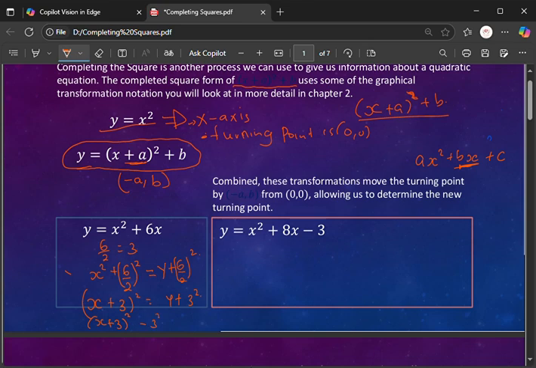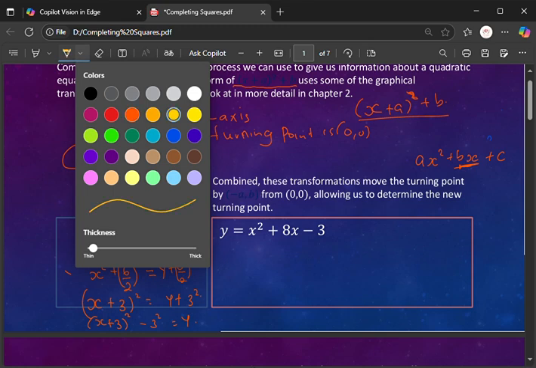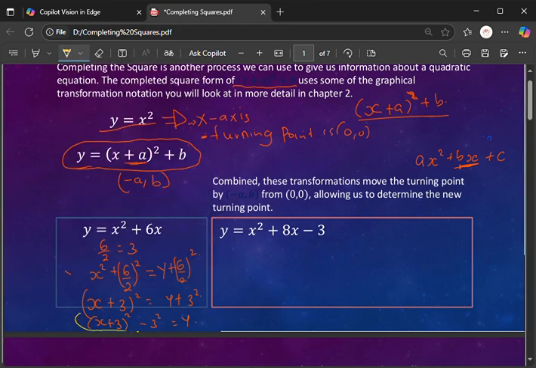squared equals y. Now in this case, we have got the version that I was talking about. We have completed the square, and from this we can make a conclusion if we are asked to get the turning point.